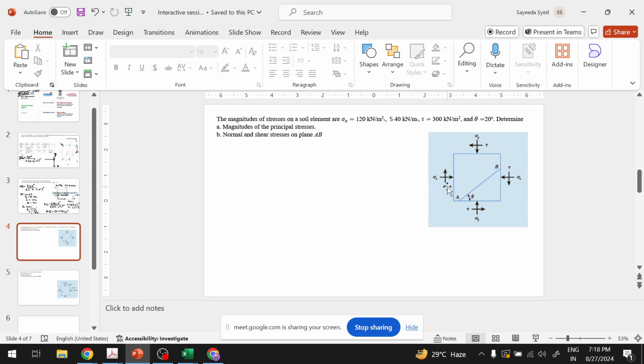This is something you might have studied in solid mechanics, these free body diagrams. We take a small section of soil present at a particular depth, dig this out, and try to analyze what the forces and the stresses are.